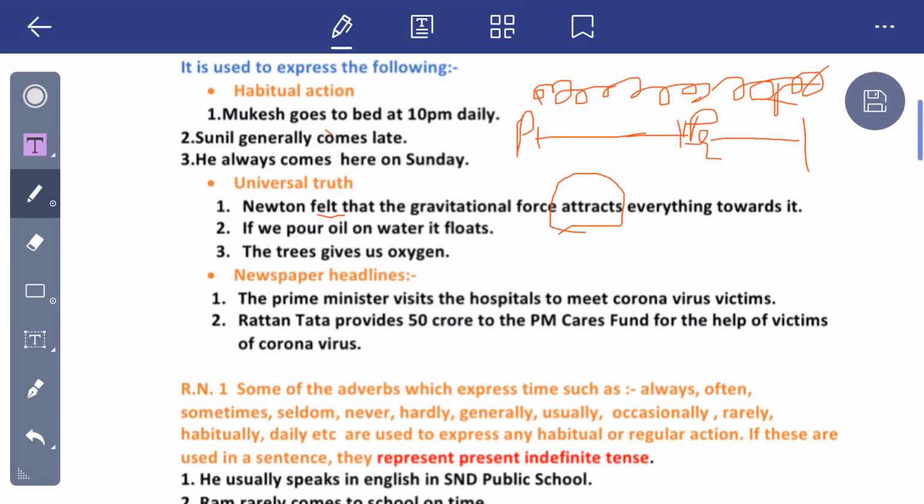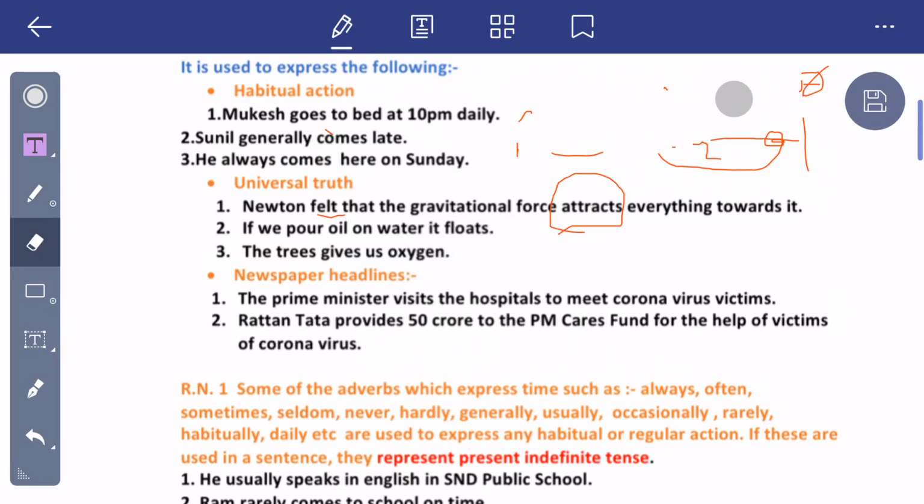If any action takes place in past, present and future, regularly or at a regular interval of time, we use present indefinite in that case.